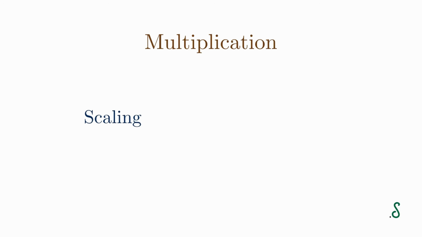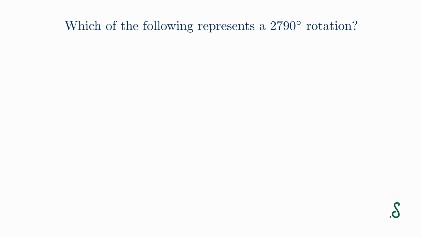Mathematical progression happens when we think of ordinary operations from outside the box, just like how we thought of multiplication not just as scaling, but as a rotation, which made it much more powerful. Here's a question for you to try, and put the answers in the comments section down below.